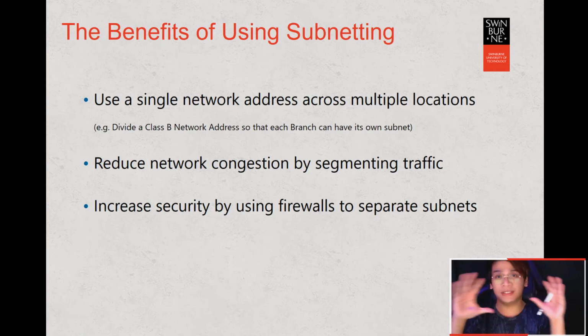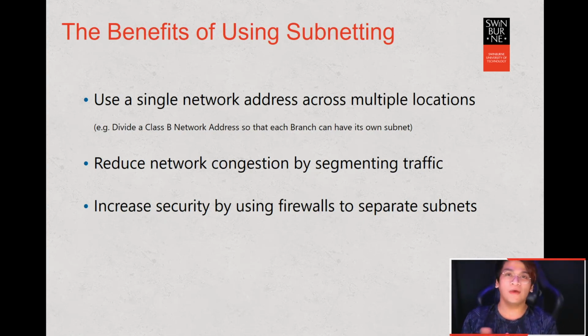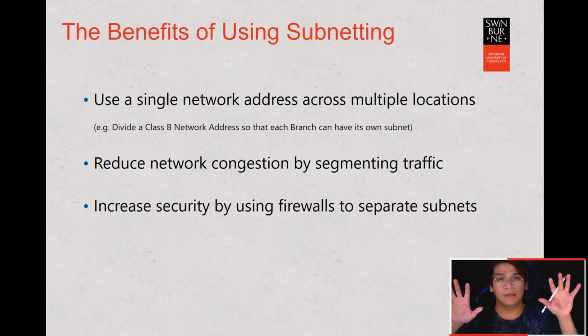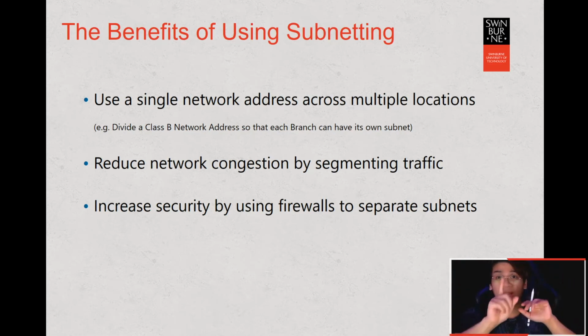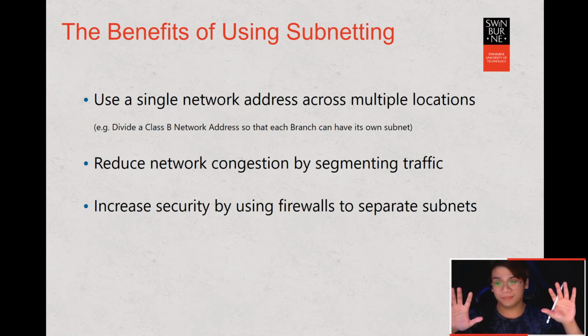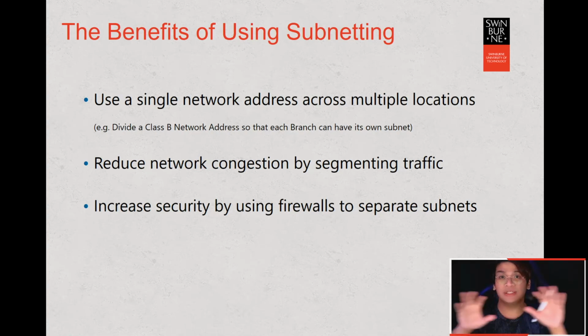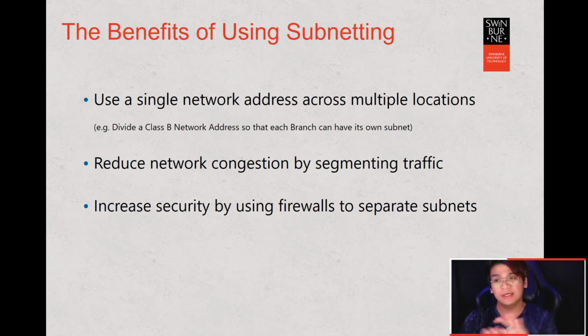In a bigger picture, okay, we have just now, Swinburne has a class B, correct? Class B network. There may be subnets more than this, but for example, there's an Australia subnet and a Sarawak subnet. If they don't subnet the network, separating the class B just now into 2 networks, whatever traffic between the Sarawak and Australian networks will be processed together, so that will congest the network traffic.